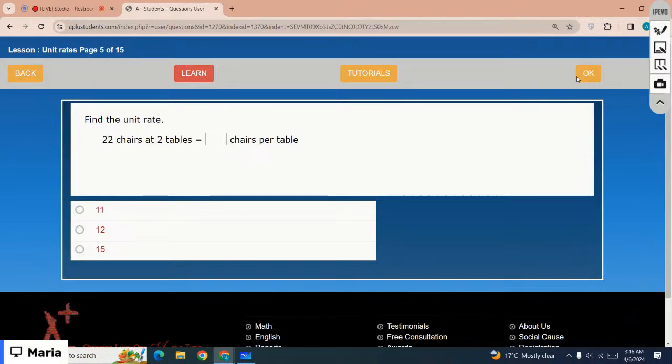Find the unit rate: 22 chairs at 2 tables. So how many chairs per table? Yes, that is 11 chairs per table. The correct option is 11, right?